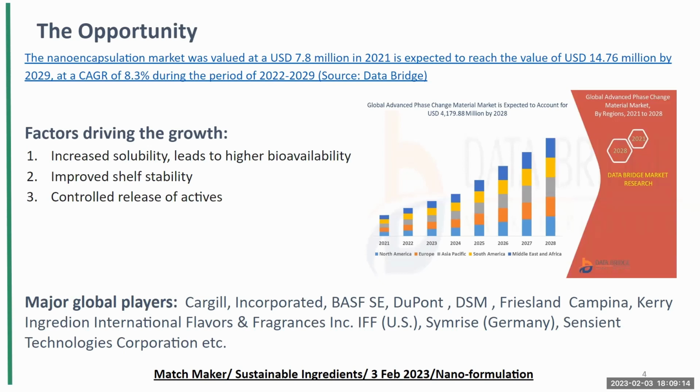It will enhance the shelf life, as well as help in controlled release of the bioactives. There are many global players, Cargill, BASF, DuPont, etc. So there are many companies participating in this.